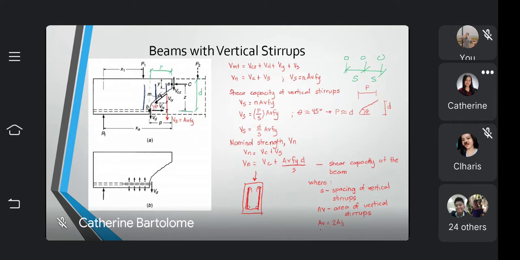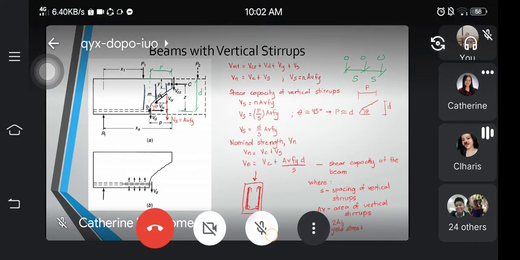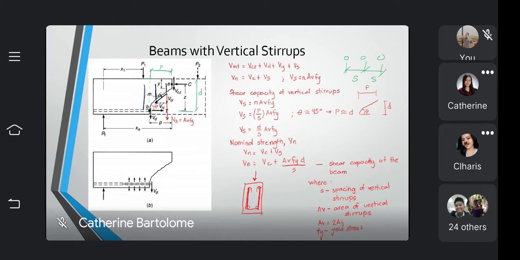Okay? And also, you know that Fy is the yield stress. Do you have any question? Ma'am, the area of shear is 2 times the area of the bar? Yes, the area of the bar. Ma'am, what about the spacing? That is what we will design for shear.